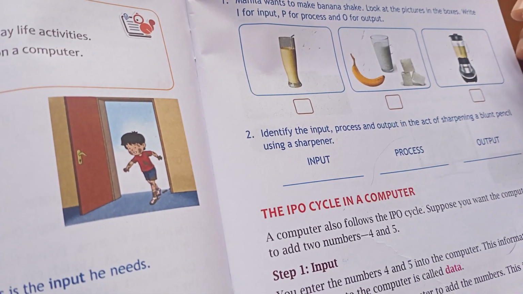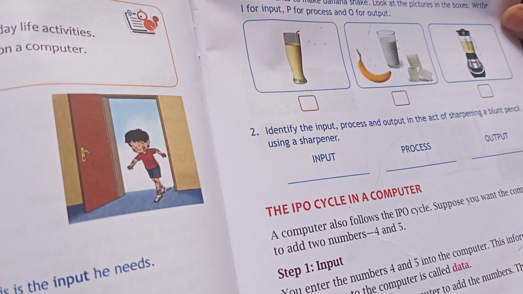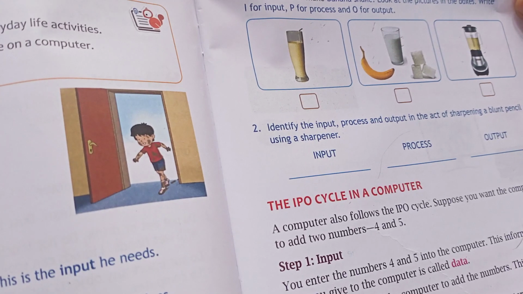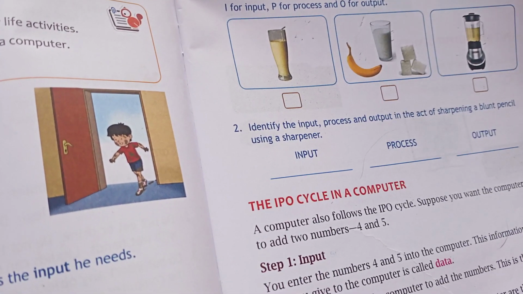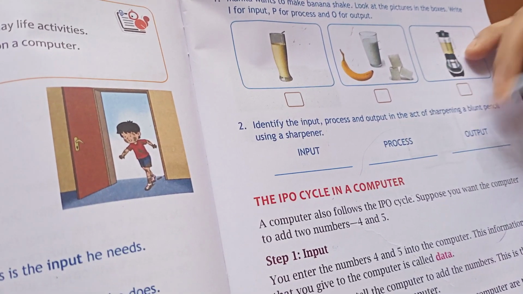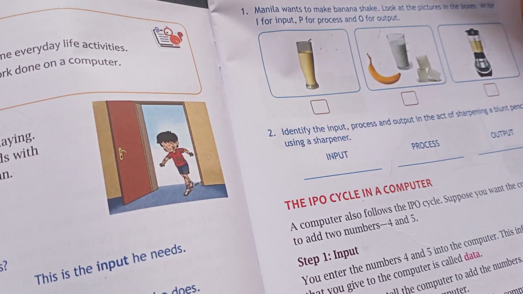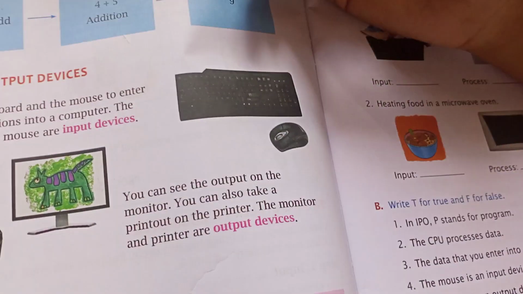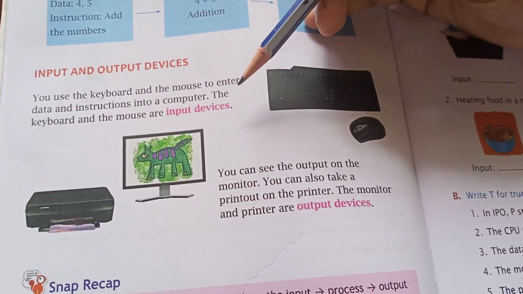Then only I will know whether you have understood the concept or not. So everyone reply in the group which one will be input, which one will be process, and which one will be output. And all of you read the chapter well and try to answer the questions.